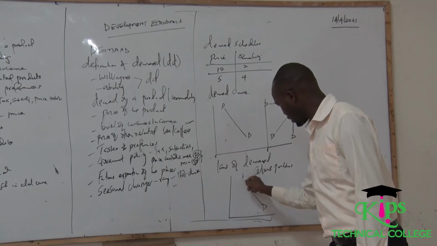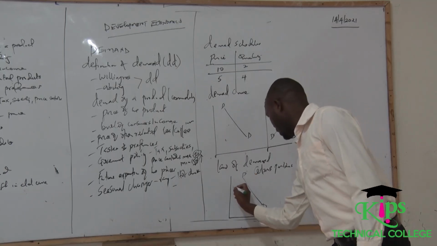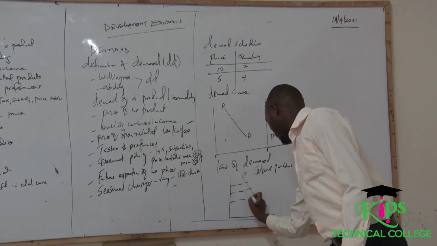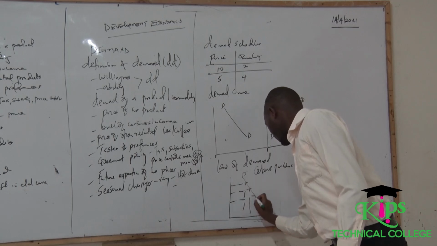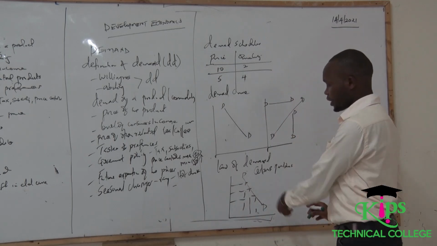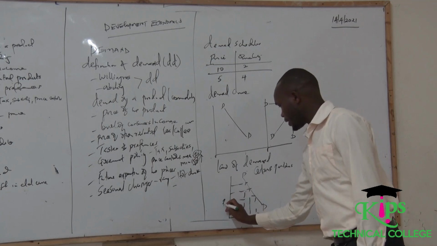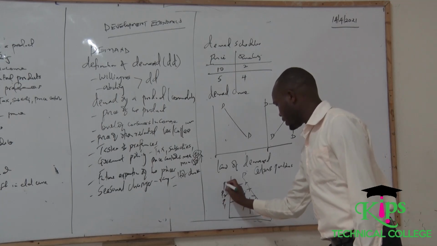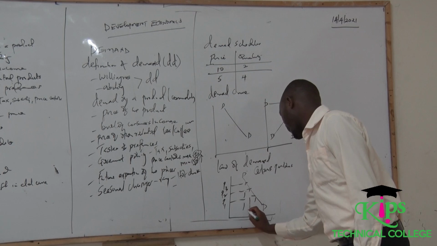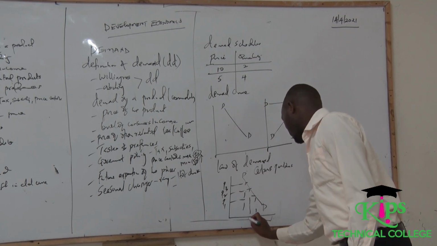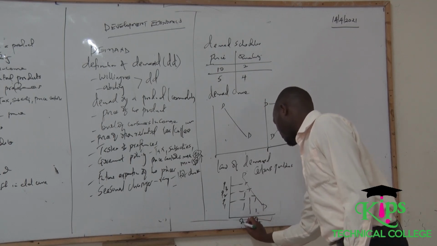Remember, I'm saying it originates from the demand curve. Therefore, if we vary the price at these levels, we are going to see exactly what happens here. Let's say this is price 1, this is price 2, and this is price 3, and this is Q1, Q2, and Q3.